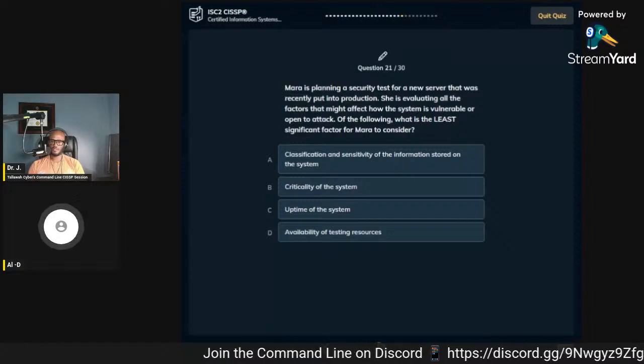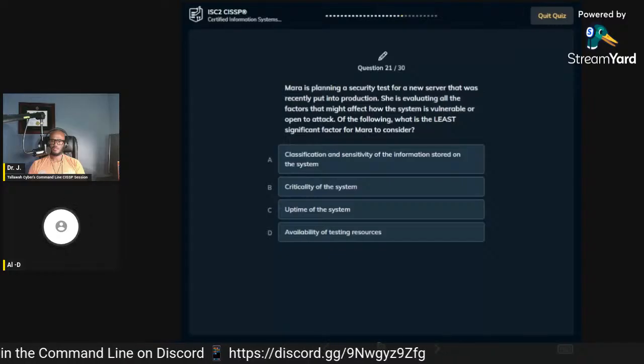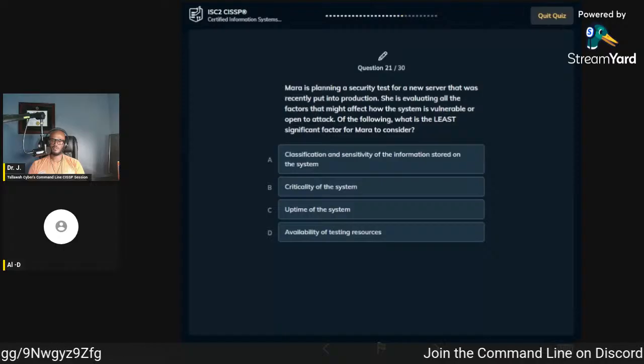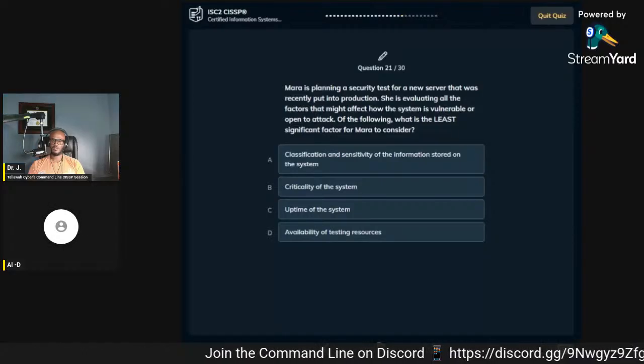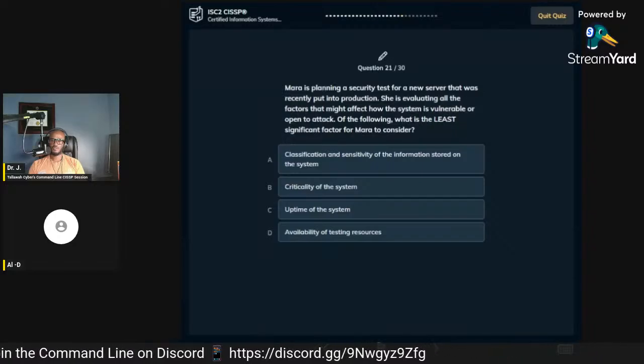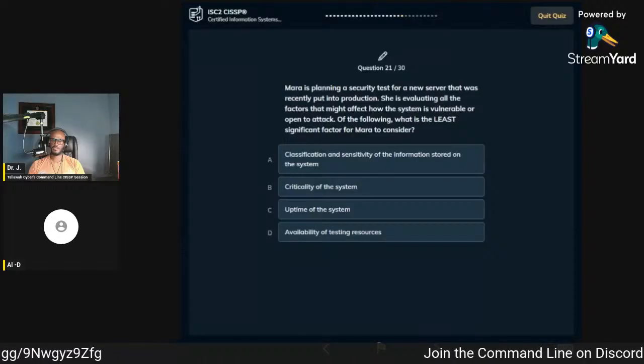So she's evaluating the availability. But it says availability of testing resources. She's looking at how it might affect the system being vulnerable or open to attack.